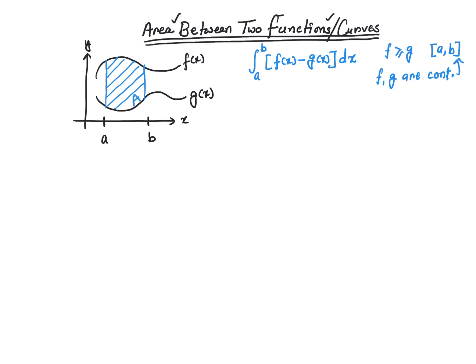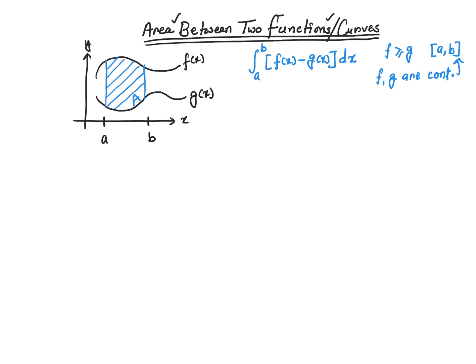So these are the two assumptions that we need for this integral to be true. Of course, we want f and g to be continuous. We don't want any unexpected discontinuity, such as going to infinity, so that we can do the integration. Now, from a common sense point of view, this should make sense too.